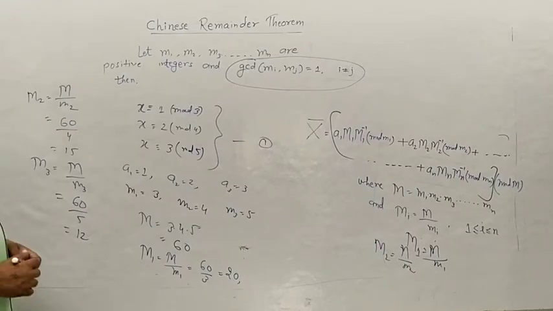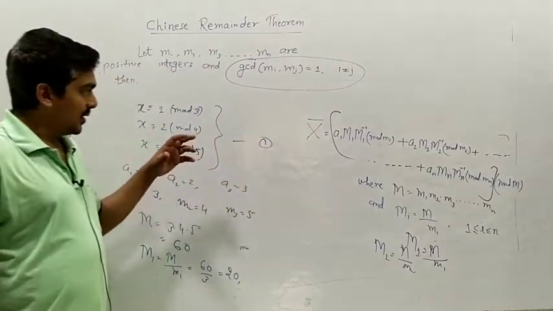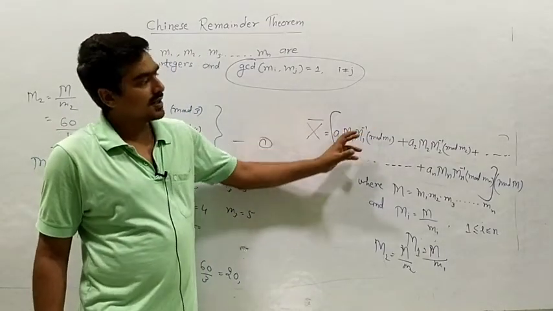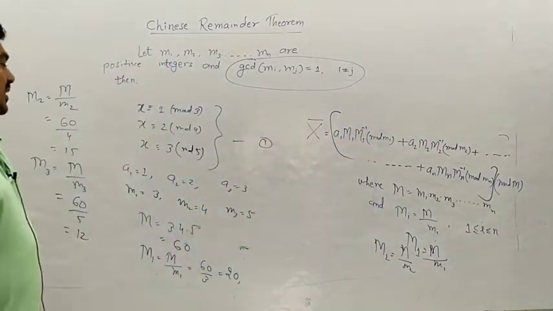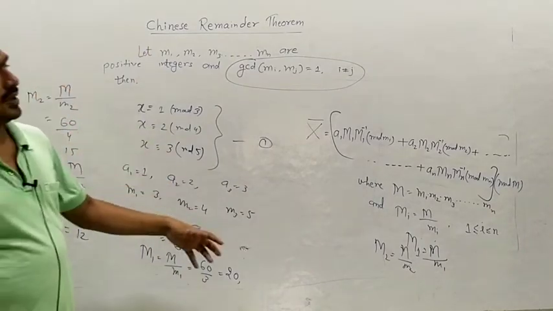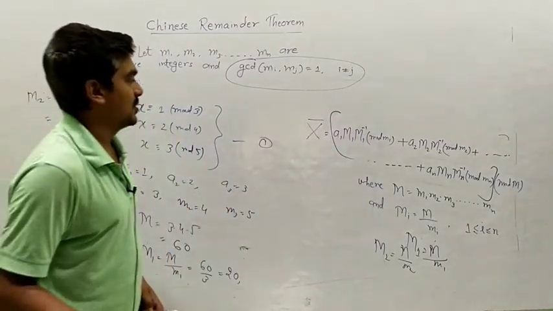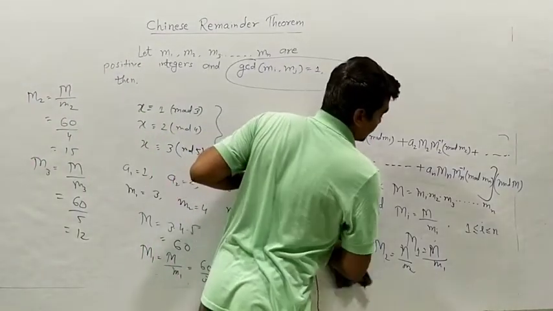Okay, so now the solution is a1 M1 M1 inverse, and so on up to the last term. Now we put all these values in this equation. Okay, what do we get? So let's move further.